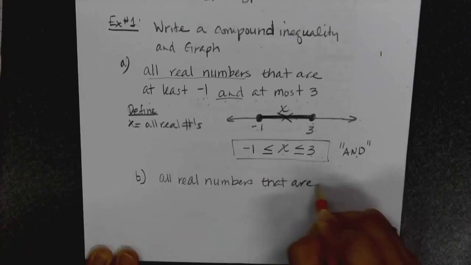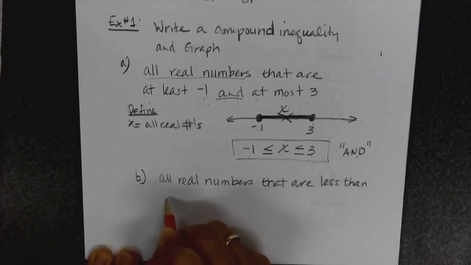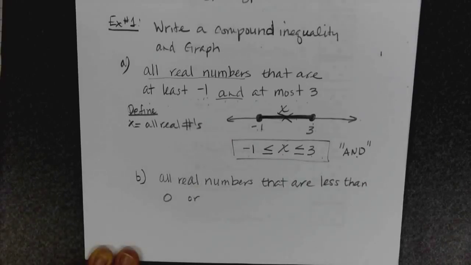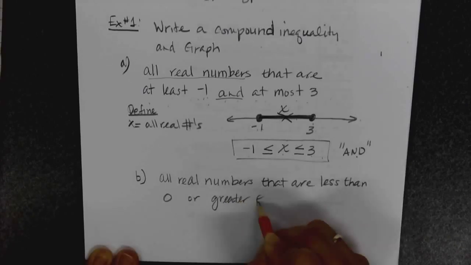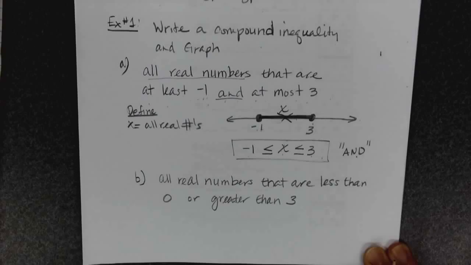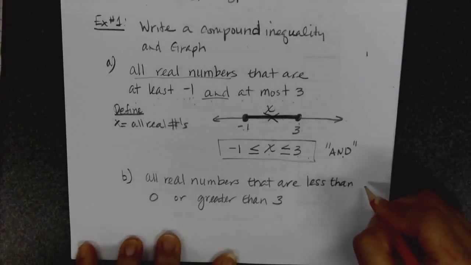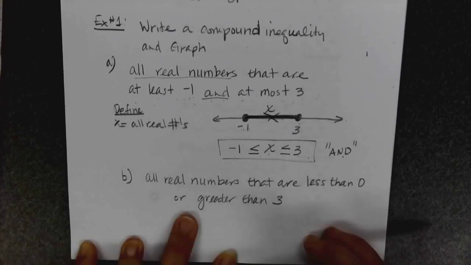All real numbers that are less than 0, or greater than 3. So maybe I should put that 0 right here. It's kind of confusing with that by itself. Okay.